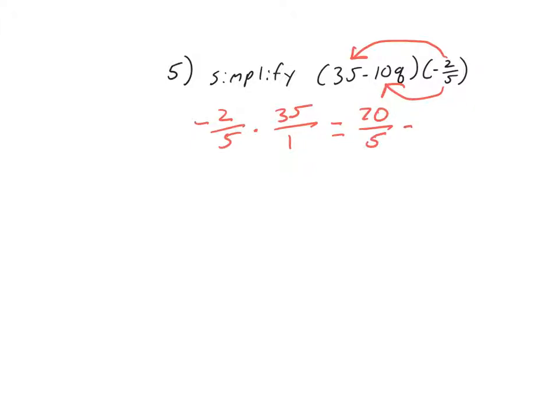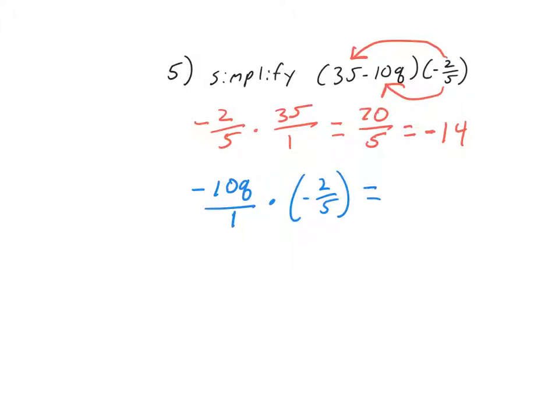And then we'll simplify. 70 divided by 5 is going to be 14. And then we had a positive times a negative, so it's going to be -14. Okay, the other one is -10q, so put a 1 underneath. And that's also times -2/5. So we'll go straight across again.